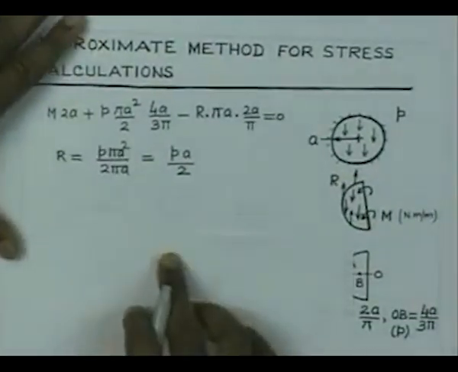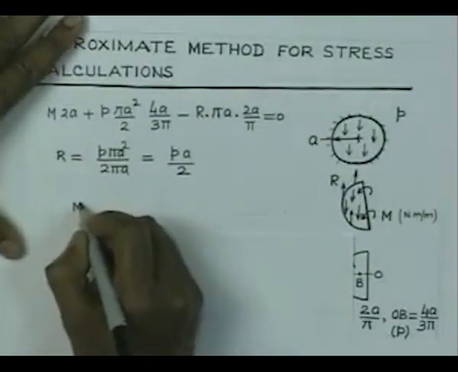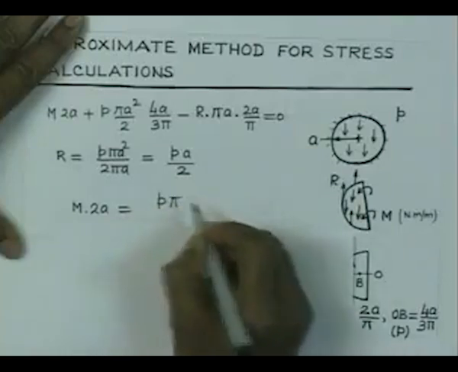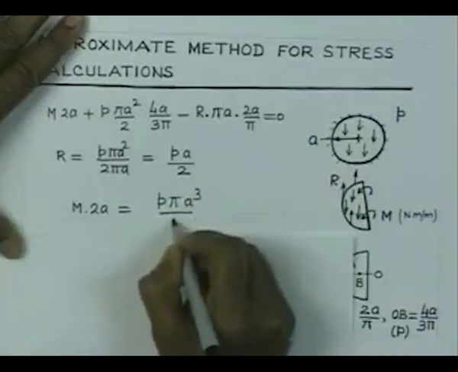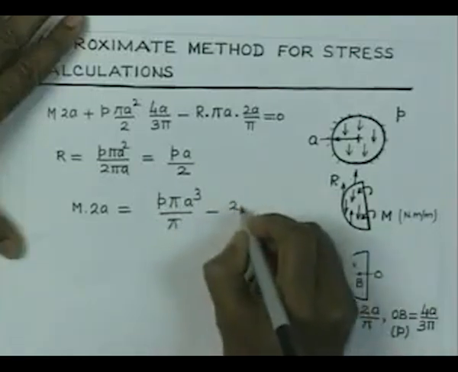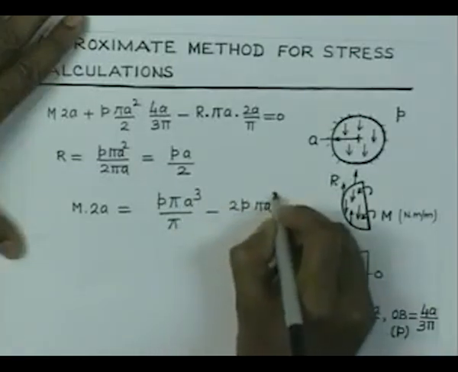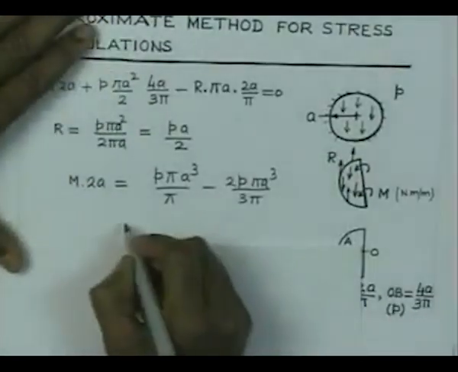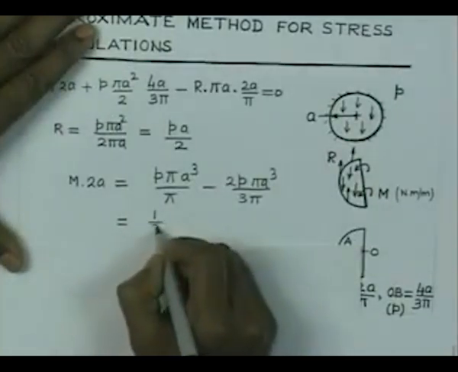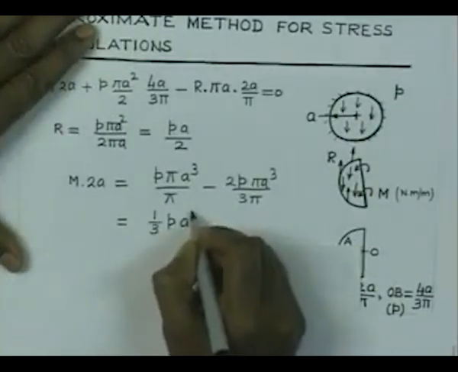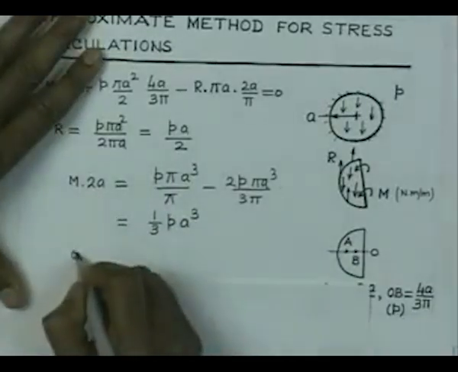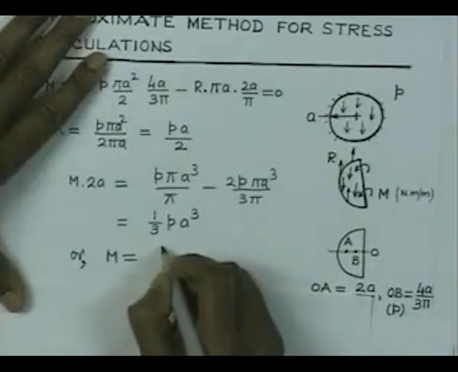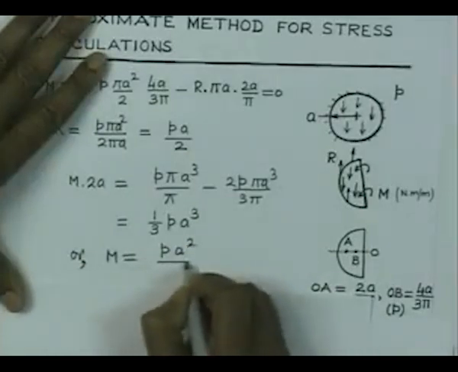Once you substitute all this, you find that m into 2a is nothing but P pi a cube by pi minus 2 times P pi a cube by 3 pi, and on simplification what you find is that this is 1 by 3 P a cube, and therefore our moment m is nothing but P a square by 6.